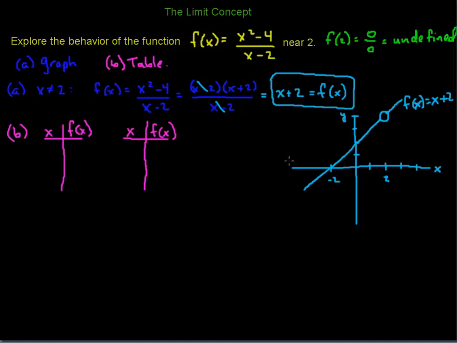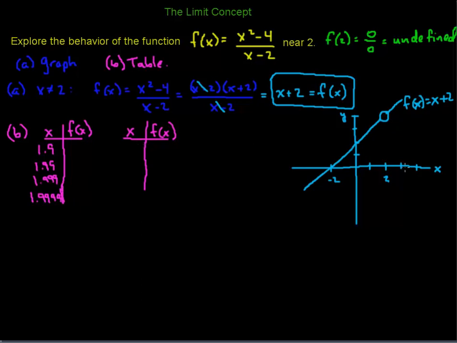There's two ways we can do this. We can approach 2 from the left-hand side, something like 1.9, 1.99, 1.999, and so on. We can keep going as long as we like, but this is plenty.